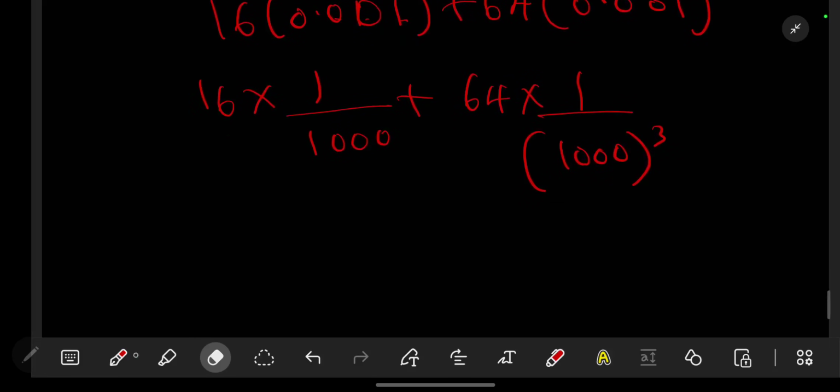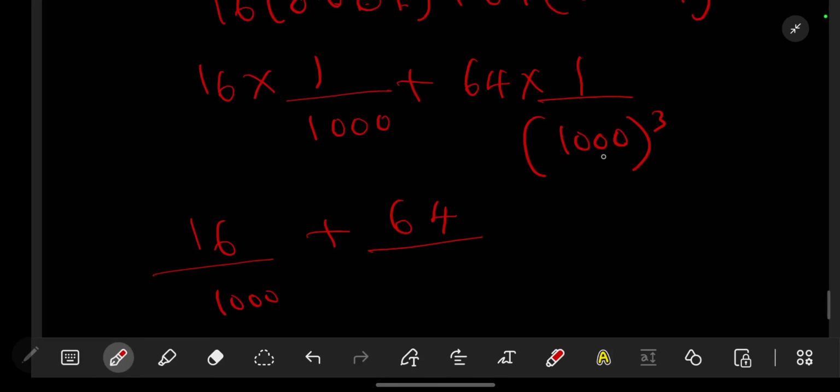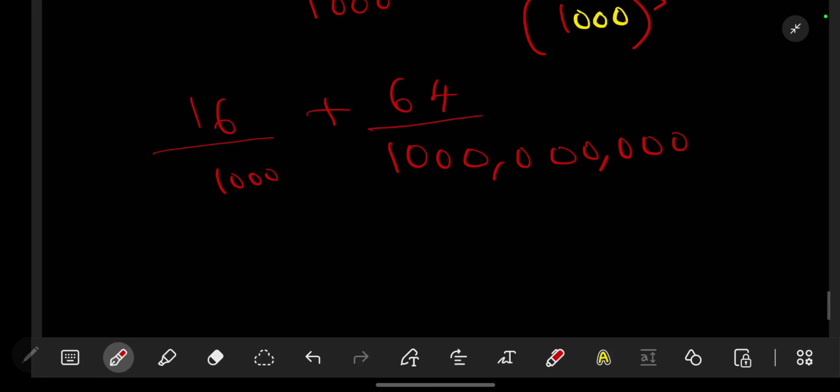So this gives us 16 over 1000, plus 64, then over, if you have power 3, it means these 3 zeros will repeat themselves 3 times. So we will have 1 2 3, 1 2 3, 1 2 3, so power 3 means 3 zeros repeated.